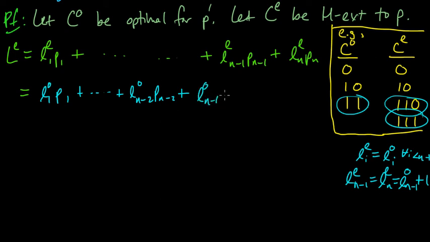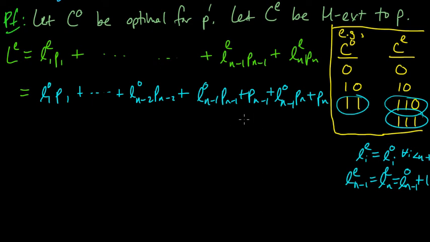Let's go ahead and distribute the p_{n-1} plus p_{n-1} plus l_n minus 1 times p_n plus p_n. All right, and now we can see how to get the expected code word length of C0.